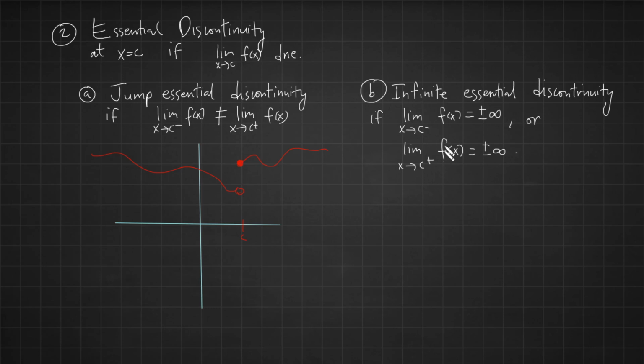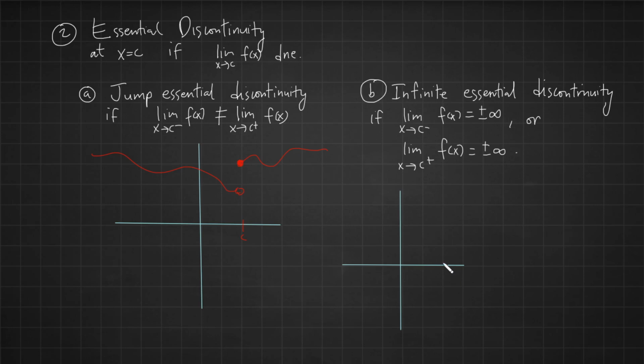So there are many ways. Actually, itong sinulat kong dalawang limits, these are 4 individual conditions that can hold. And if one of those conditions hold, then we have an infinite essential discontinuity.